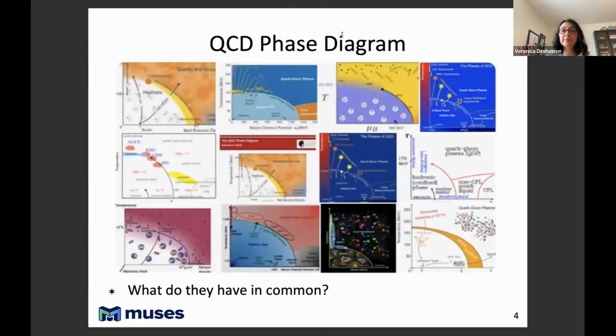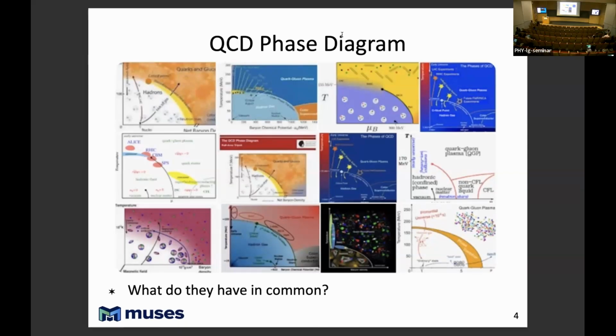I'm going to use the QCD phase diagram as my main motivation here, because that is the main motivation of MUSES. But the phase diagram that I'm going to show you is a little bit different. Usually when you look at QCD phase diagrams, they look like this. I just Googled QCD phase diagram, and this is all that came out on the first page. What all of these have in common, besides the axes, which usually are temperature and some sort of either density or chemical potential, is that they all show different phases.